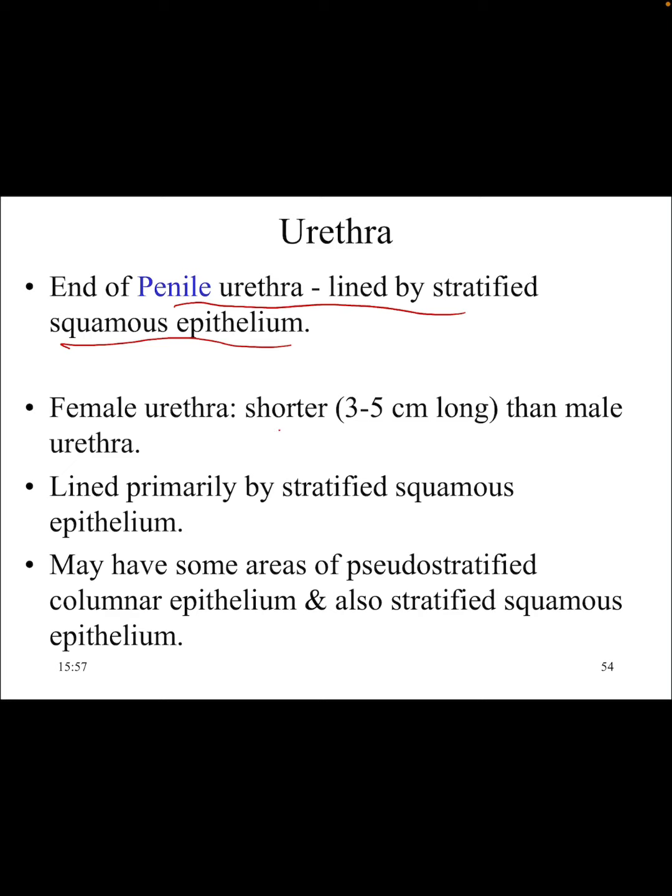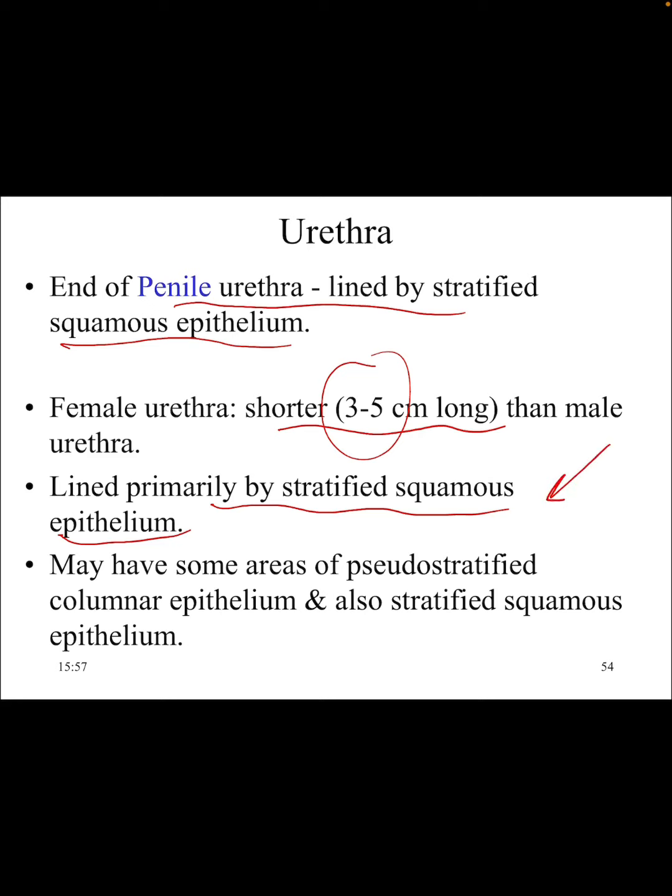In the female, the urethra is short compared to the male. It's around 3 to 5 centimeters in length, lined primarily by stratified epithelium, which is different from the male. As I said, in the male the first portion is transitional epithelium, then changes to pseudostratified, then stratified columnar epithelium.